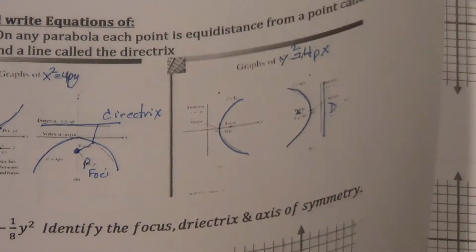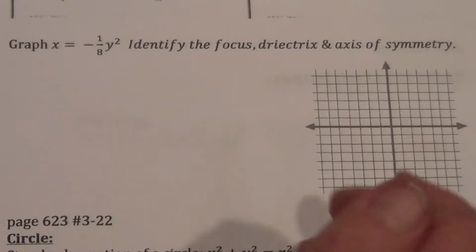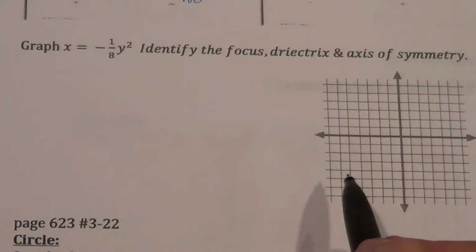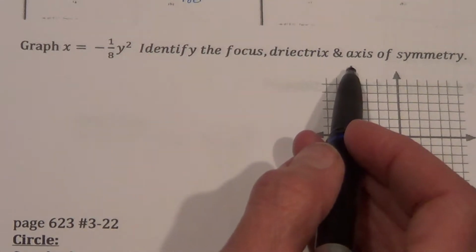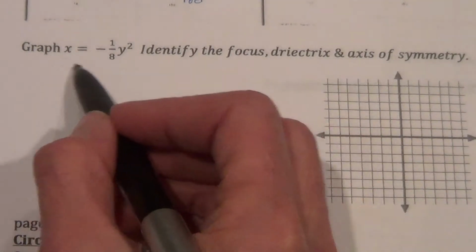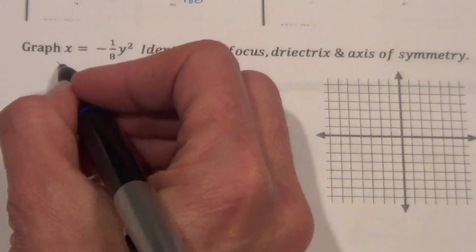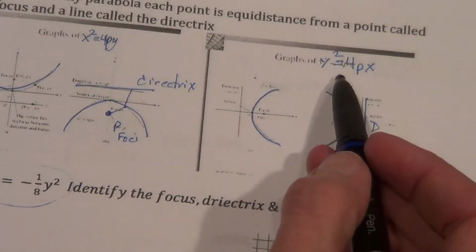So you might see an equation sometime that indicates we've got to find the graph for this kind of equation. When you see that, realize it's very similar in form to y squared equals 4px.